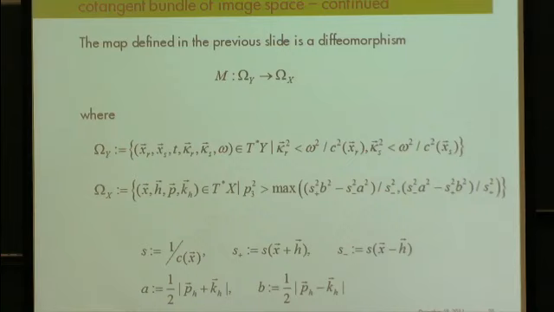It's actually a diffeomorphism from a conic neighborhood in the cotangent space of data to a conic neighborhood in the cotangent space of extended image. These conic neighborhoods are described over here. This is pretty simple.